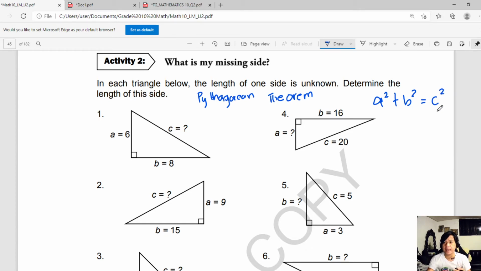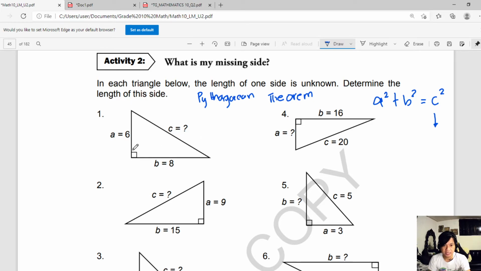The hypotenuse, or C, is the longest side of the triangle. To identify the hypotenuse more easily, remember that the hypotenuse is the side opposite the right angle.